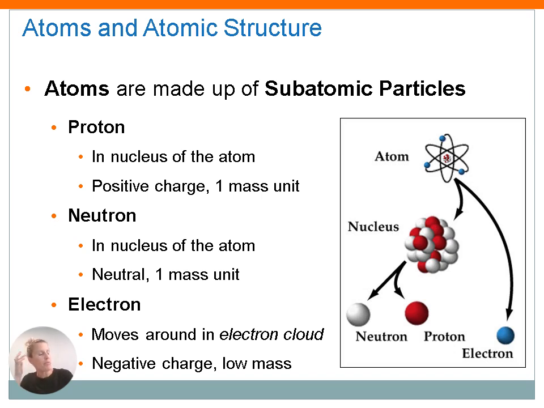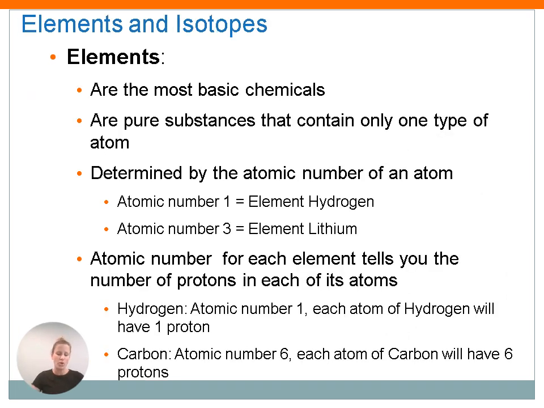In a little bit, when we talk about bonds, we'll see a few examples of this, but you should be really comfortable with this. If I say you have an atom and it has 6 protons, 5 neutrons, and 6 electrons, you should be able to tell me its overall charge, its mass, etc. Again, we'll go through examples in a little bit.